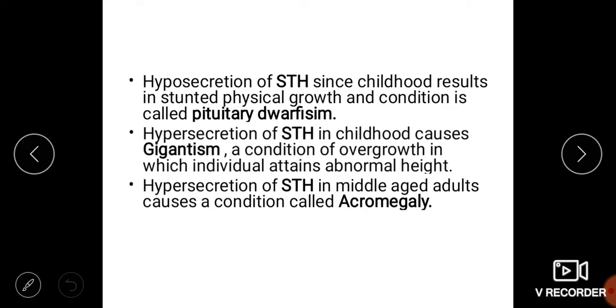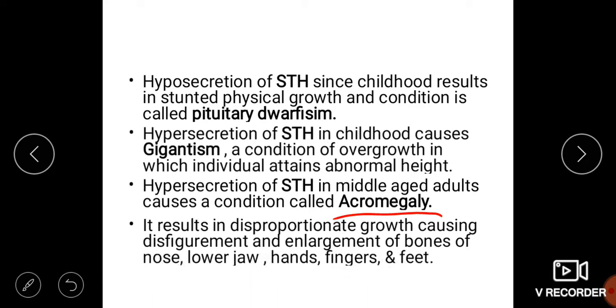Hypersecretion of STH in middle-aged adults: if it is produced in greater quantity in middle-aged adults, it results in a condition called acromegaly.